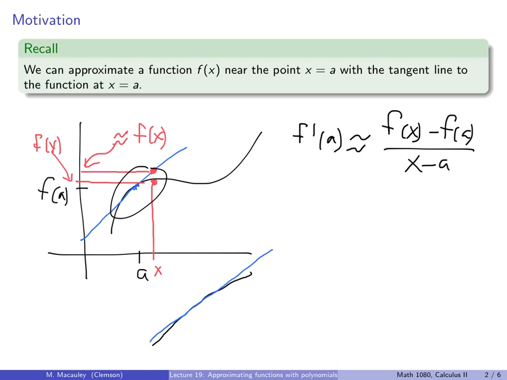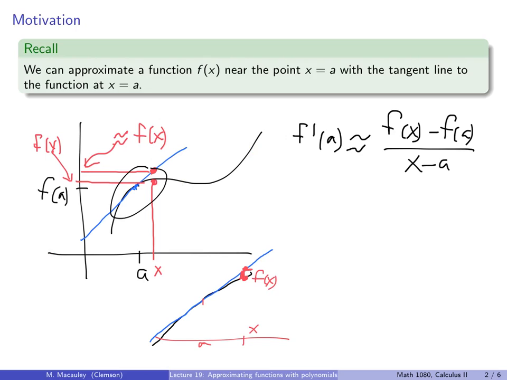This point is exactly f of x, and this point here is really close to it. So this error right here is very small.